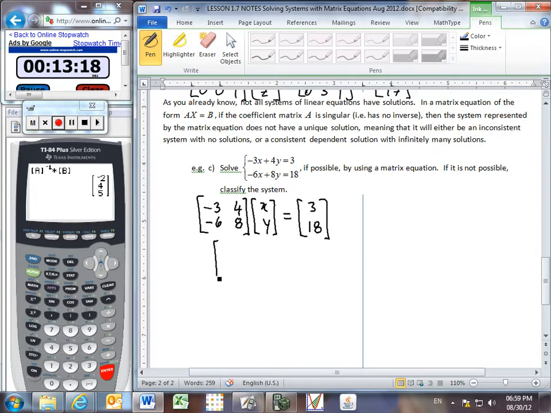Now I know that in order to get my x, y by itself, I need to pre-multiply both sides of the equation by the inverse of my coefficient matrix. You can see that I'm skipping a step.